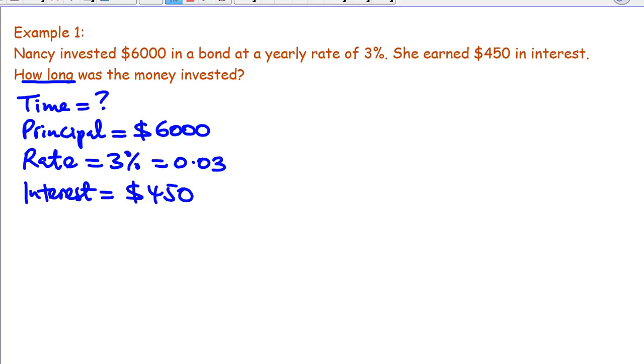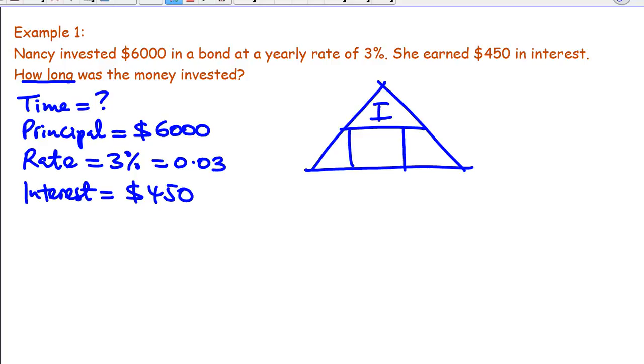So all that we have to do now is draw our little triangle. Suppose this is an exam, so you can remember, you know that interest is equal to P times R times T. What you're trying to find is time.